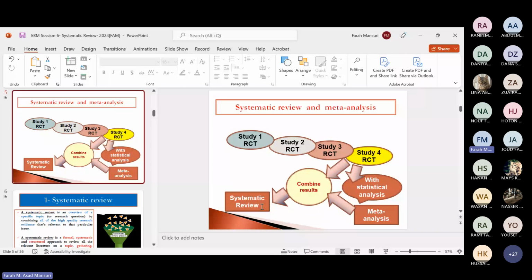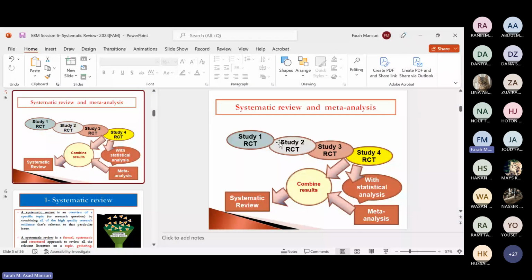So a systematic review is a type of manuscript which is carried out by combining different studies, more than one study. There's no definite number of studies to be included. It can be 2 studies, 6 studies, 10 studies, 20, 40 studies.